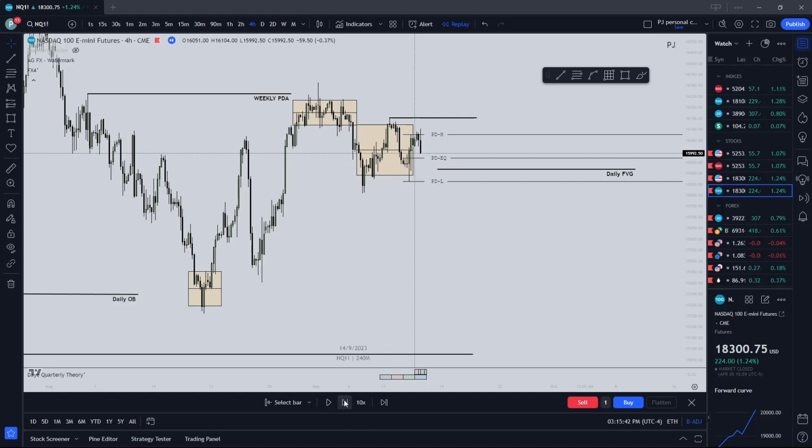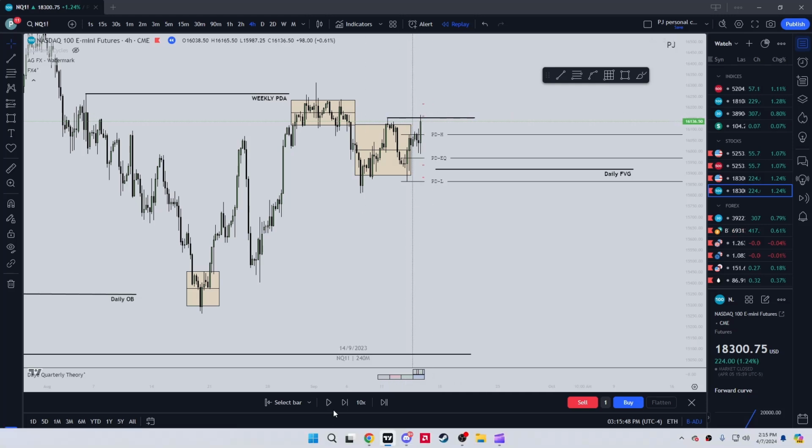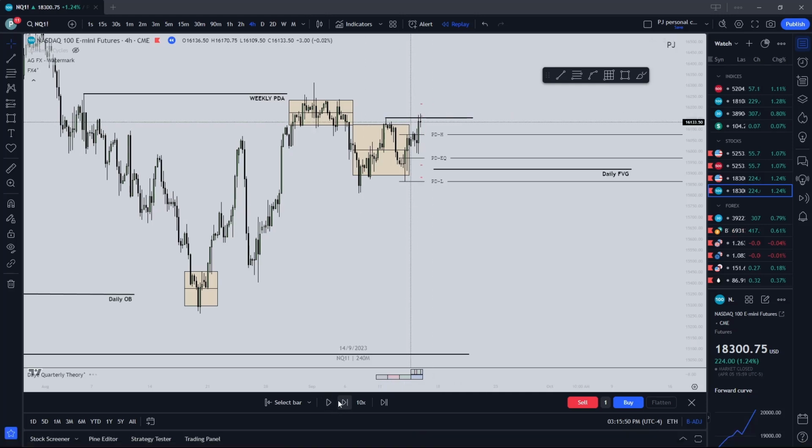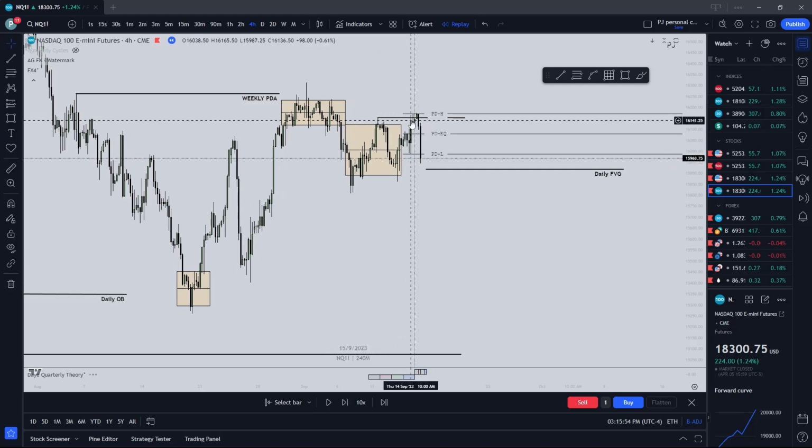So we most likely will see the high being ran. High has now been wicked into and ran. Close within our candle, and then we break lower.